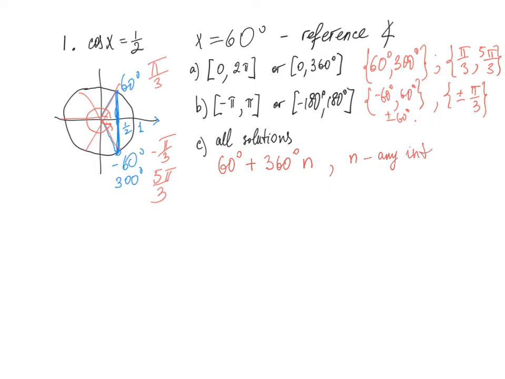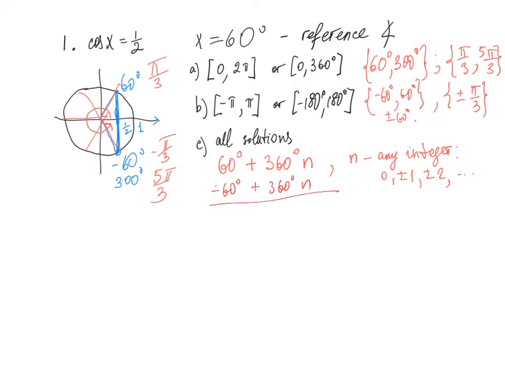And integer, once again, means 0, plus or minus 1, plus or minus 2. We don't need to write it every time. I'm just reminding you. And also, we can go from negative 60 and add any amount of full circles. So negative 60 is good too, plus 360 degree n.